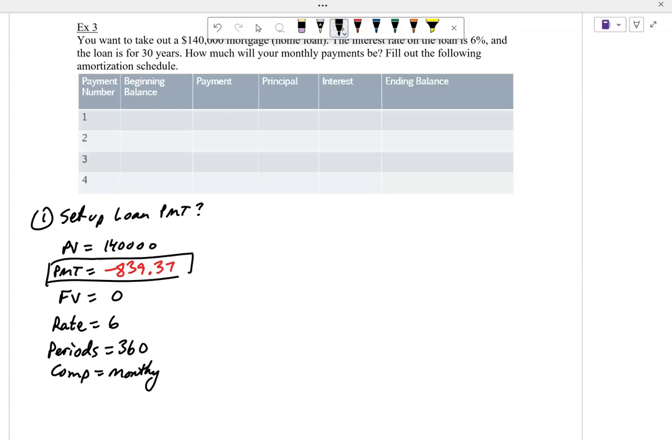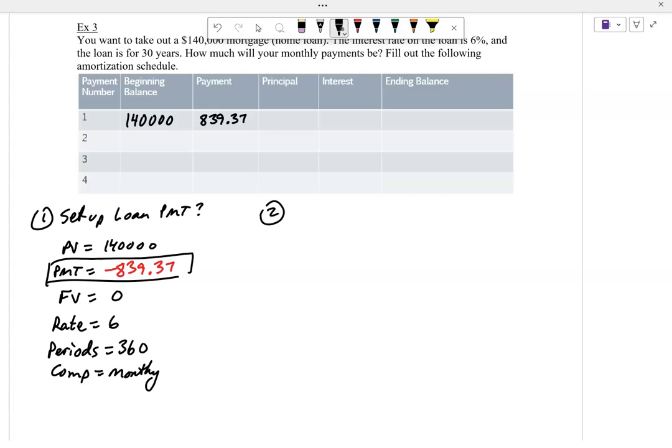So when I'm filling out this amortization schedule, my beginning balance is $140,000. And I'm making a payment in the first month of $839.37. So what would my ending balance be?